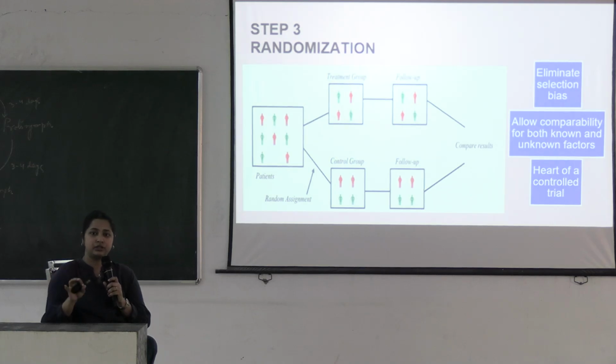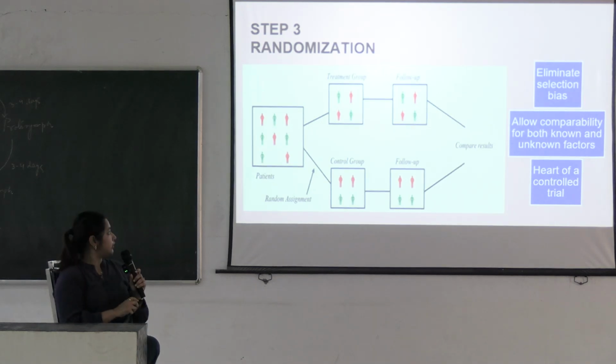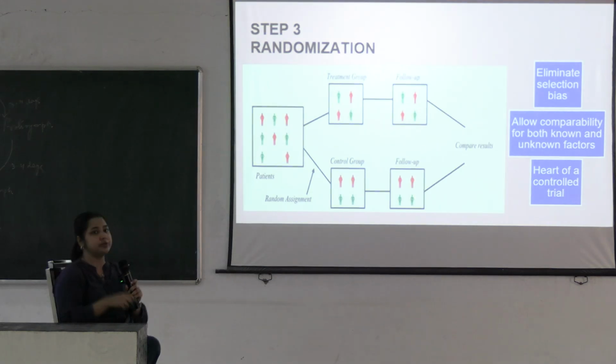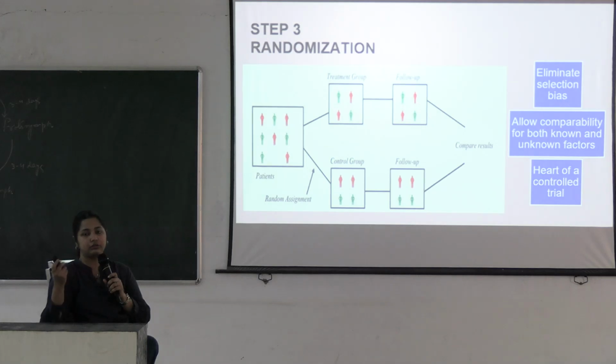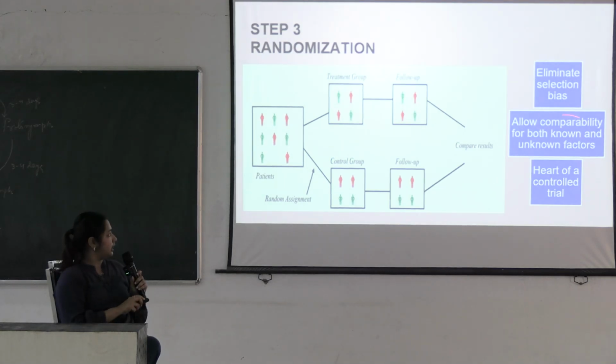Randomization also makes it easier for those factors to be equally distributed in both groups. So it allows for comparability between these two groups. Everything is similar in the two groups except the exposure, that particular drug or that particular vaccine. So it allows comparability for both known and unknown factors, and it is the heart of a controlled trial.